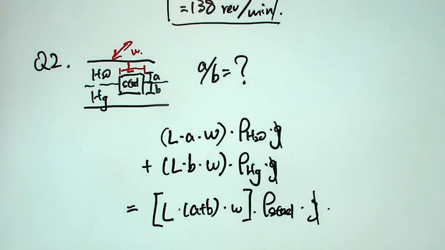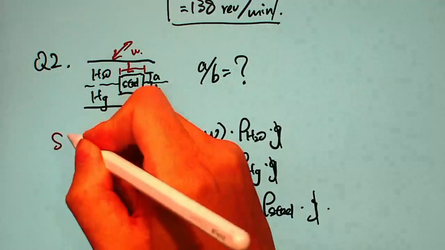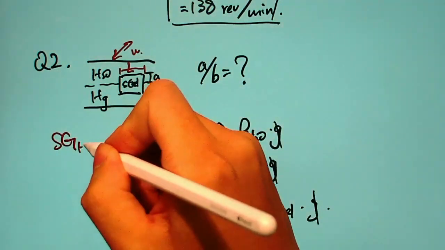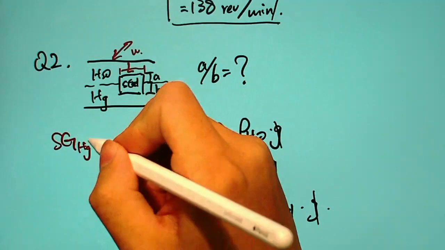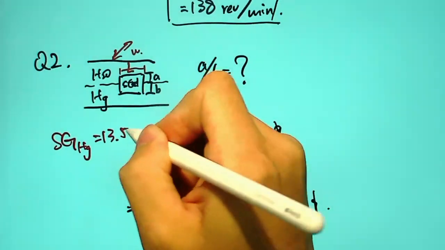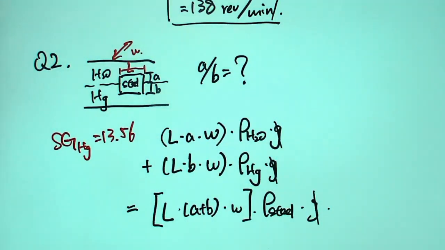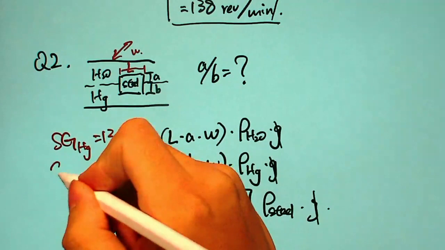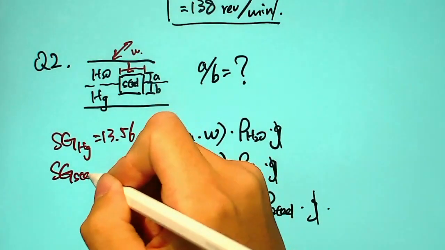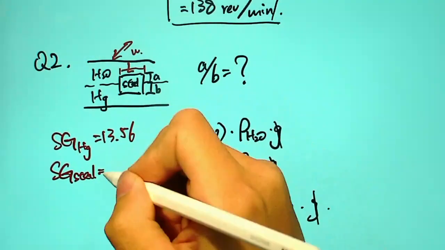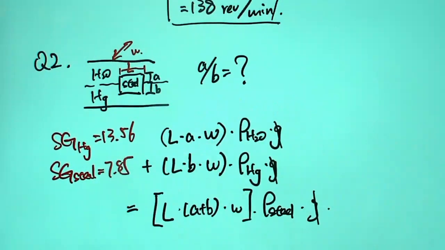Here the one message missed. Well, usually you will definitely be given in the exam. So that is specific gravity of mercury should be 13.56. And also we have the specific gravity of steel, which is 7.85.